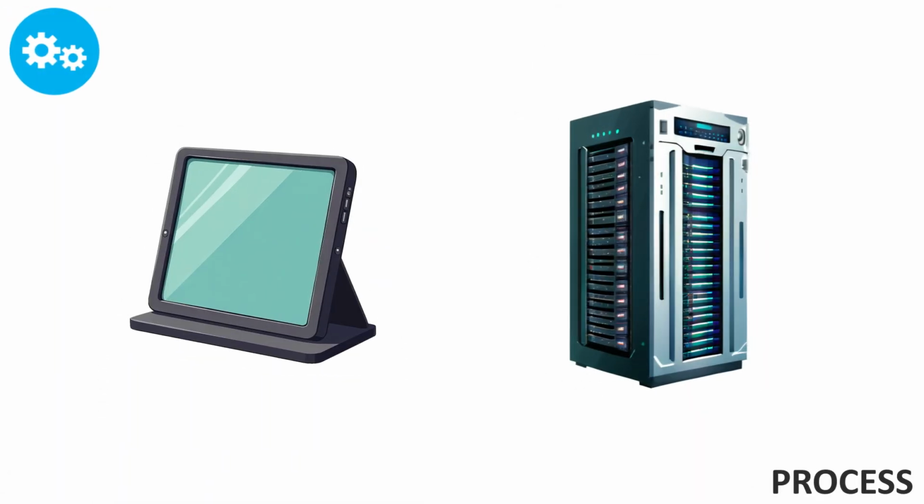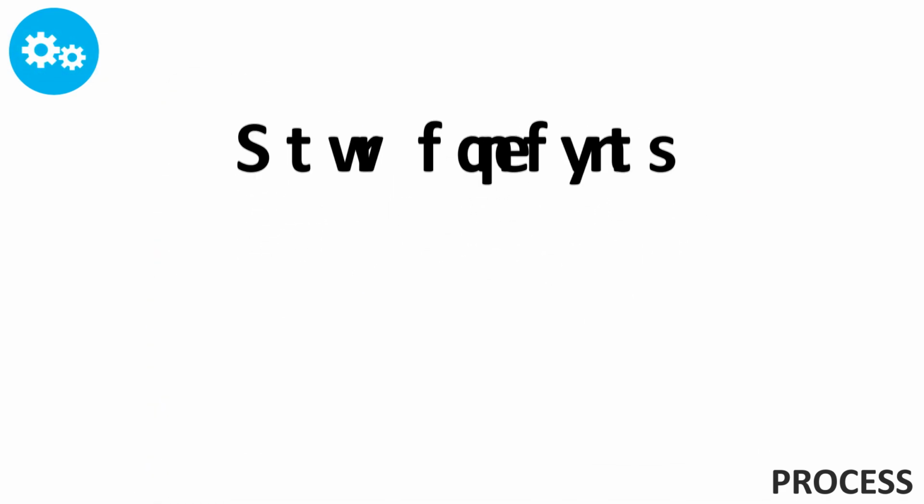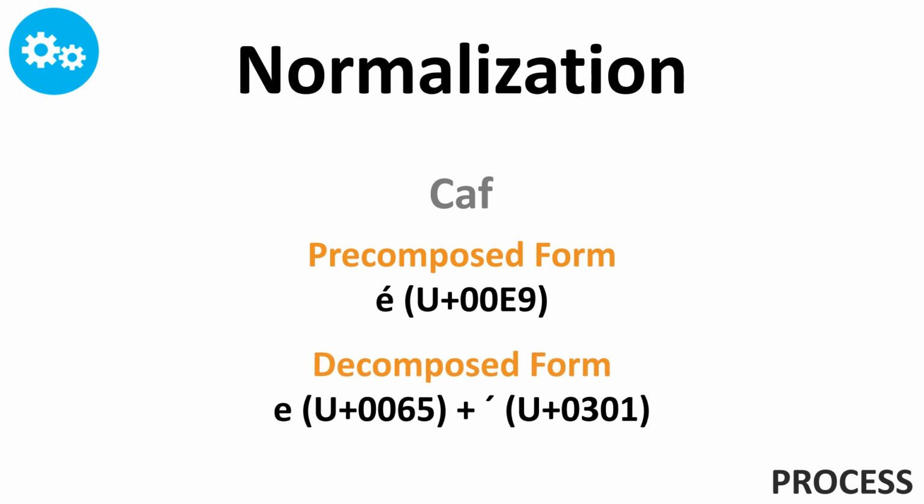Proper input processing maintains the integrity of user data, ensuring its consistency. One of the key aspects of this step is data normalization, which involves transforming Unicode data into its canonical form. Here, we see an example of both the precomposed and decomposed forms of a character.